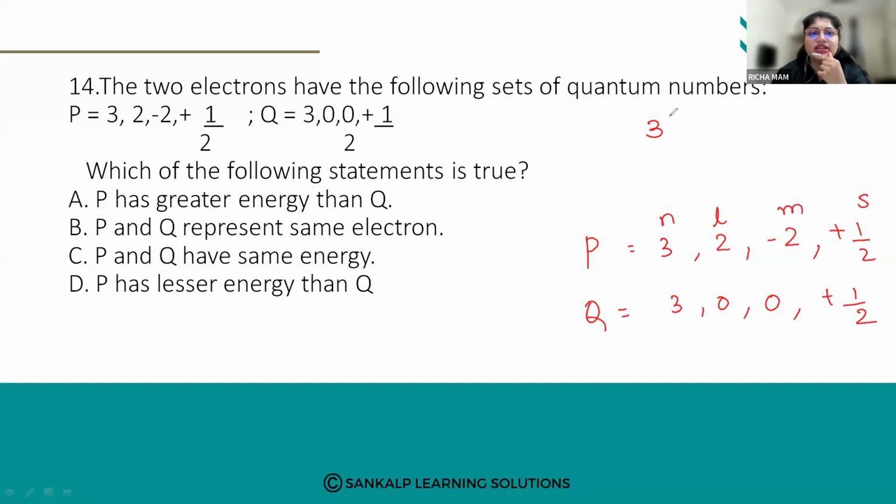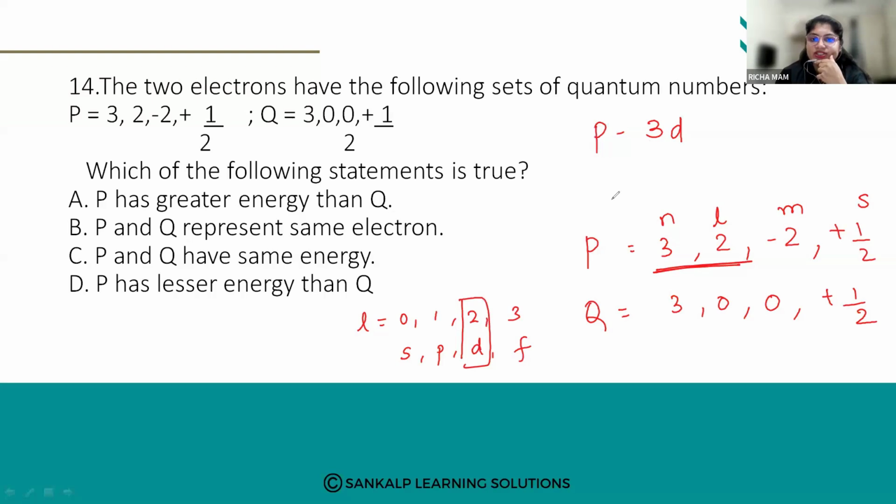Let us find out which are the two electrons. L equals 0, 1, 2 and 3 correspond to s, p, d and f. So L equals 2 means it is d, so 3d. The first orbital is 3d. So from the first two values only we can understand. Now, P is 3d.